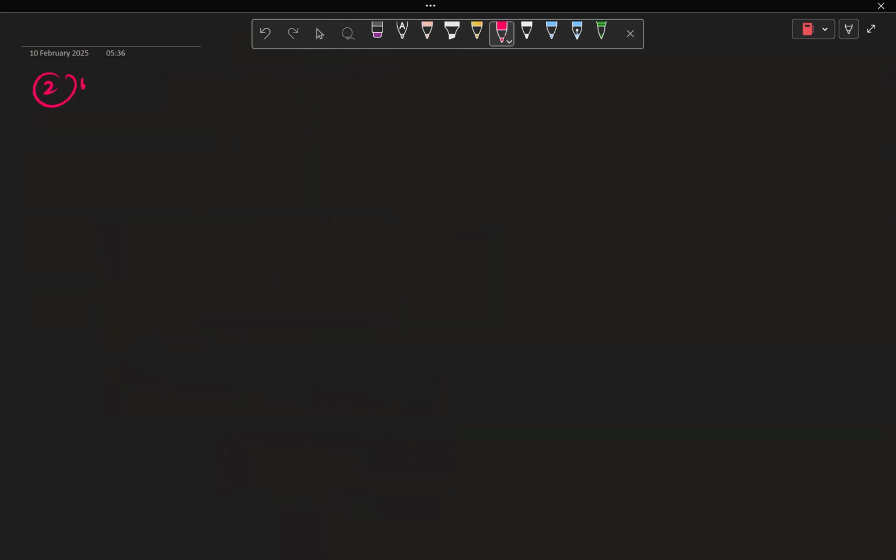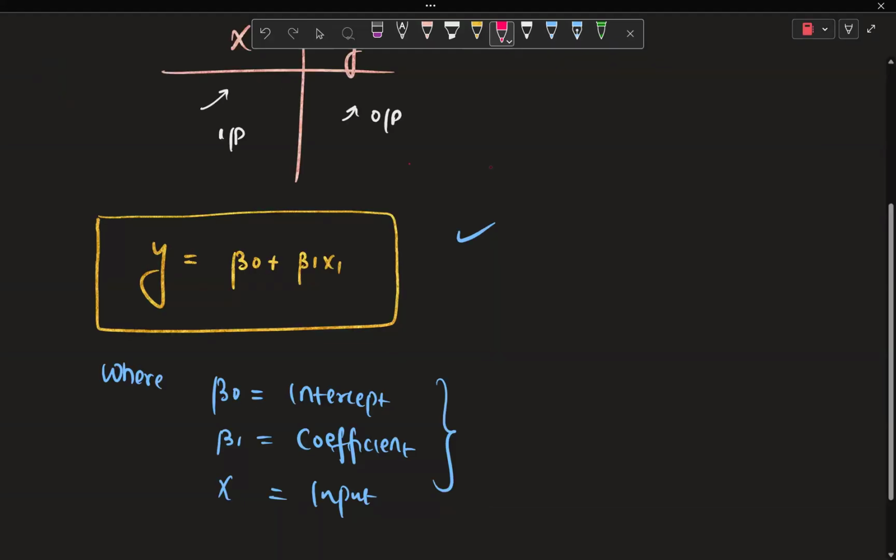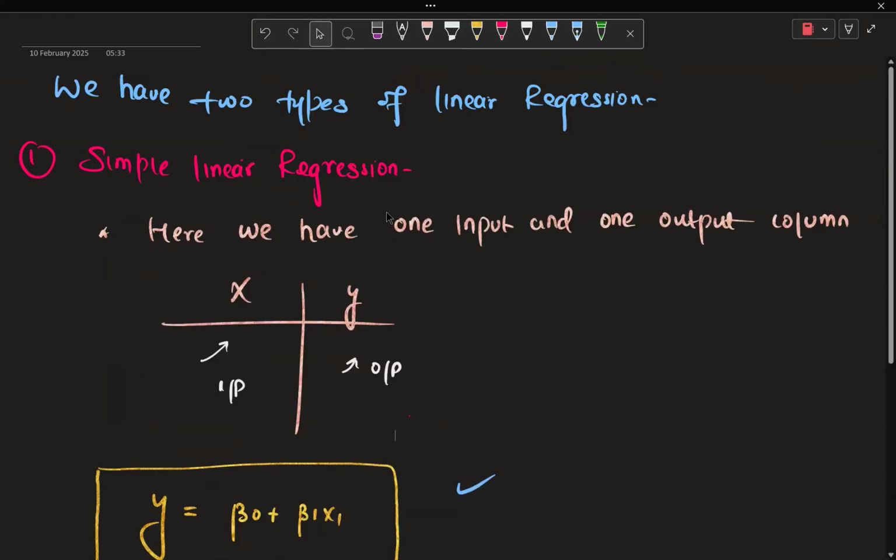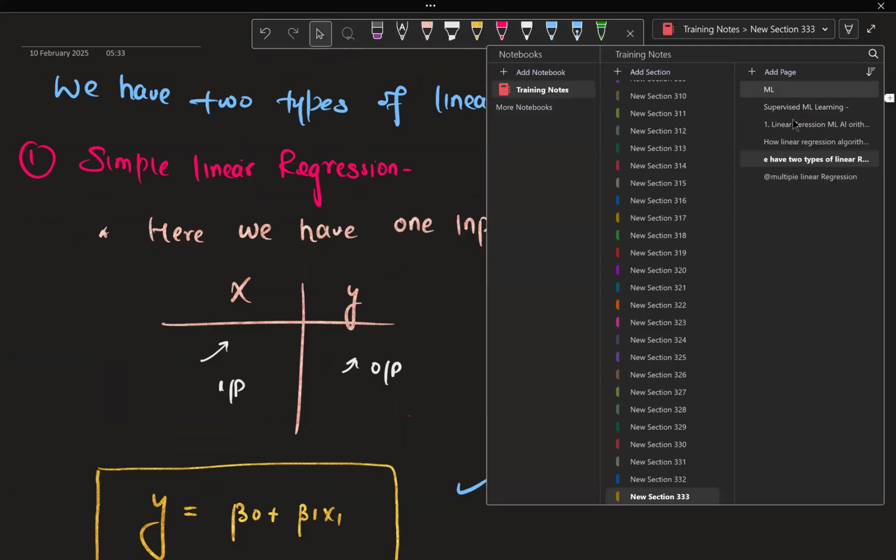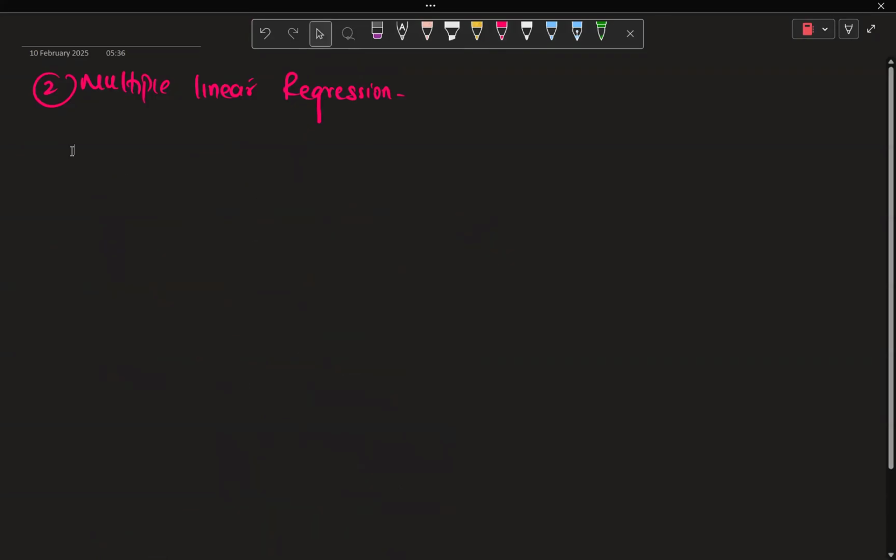The second type is multiple linear regression. See, in simple linear regression, what do you have? You have a single input and a single output, right? See, the output column will always be single only. It's just that it depends upon how many inputs you have. Correct?